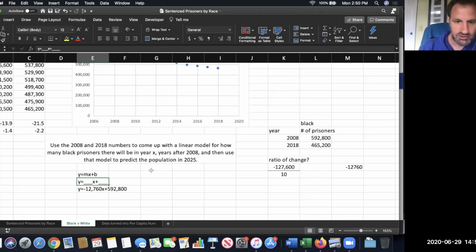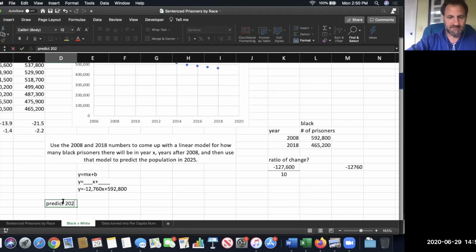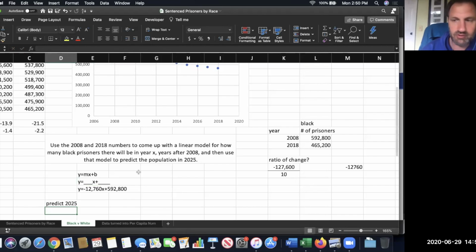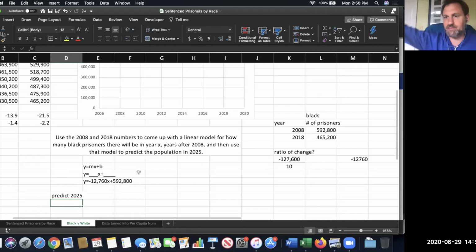Cool. From there, we can turn to the second part of the question, which is predict 2025. It's worth not just blowing past this point because it's another little curveball. What do we do to figure out the population in 2025? Again, ideally using the model. We don't have to.